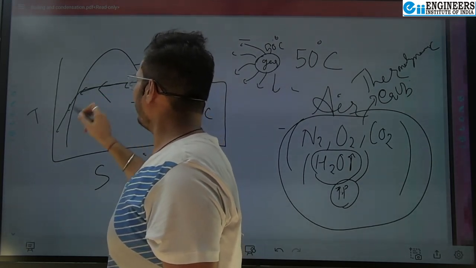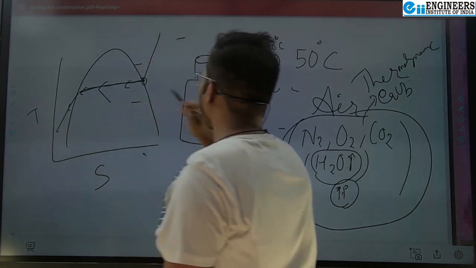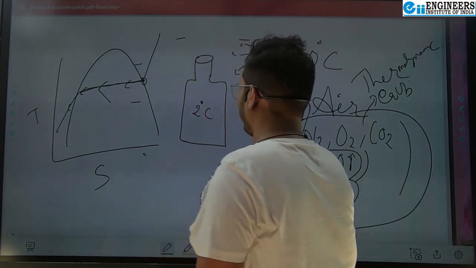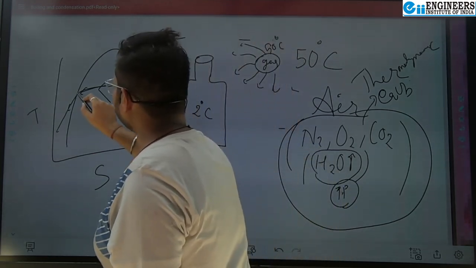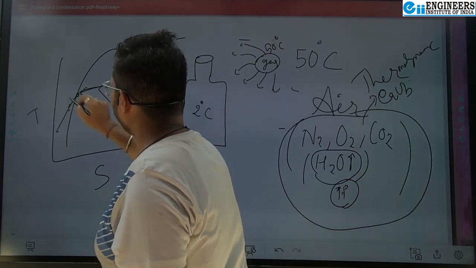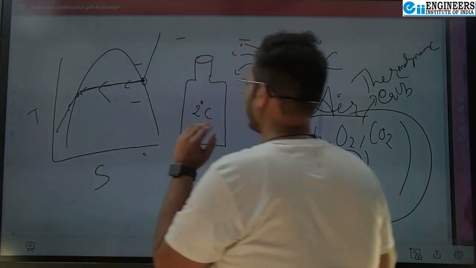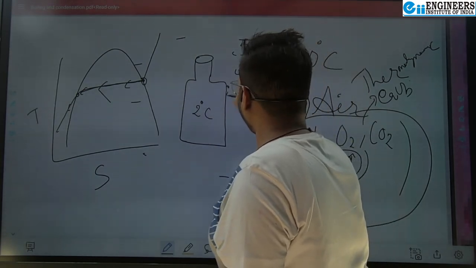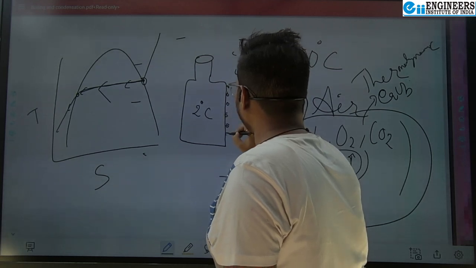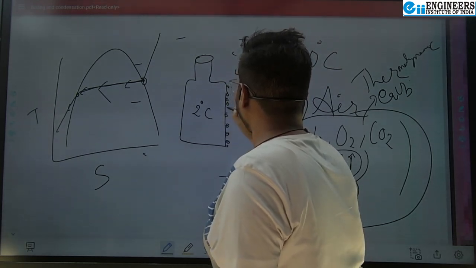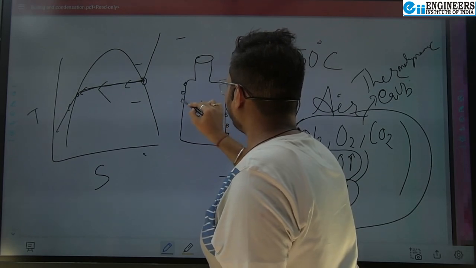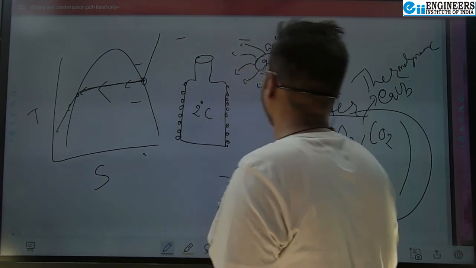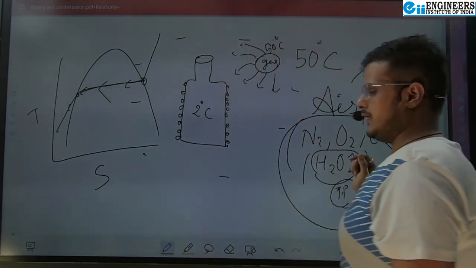Then while moving downward, what will happen over here? It will change its temperature to the saturation temperature, at which it will be in the complete liquid state. Means this 50 degrees Celsius will form some droplets around it. This droplet is basically the condensate form of the water vapor that is present in the ambient.